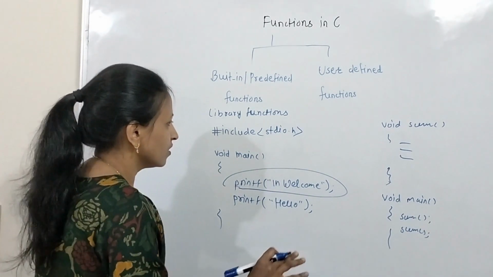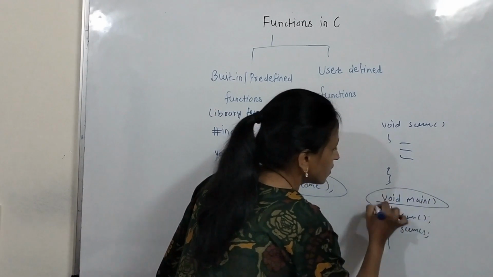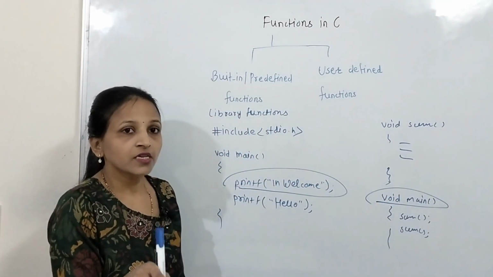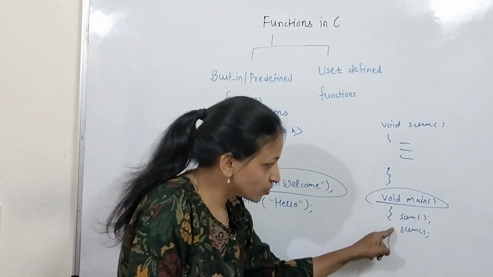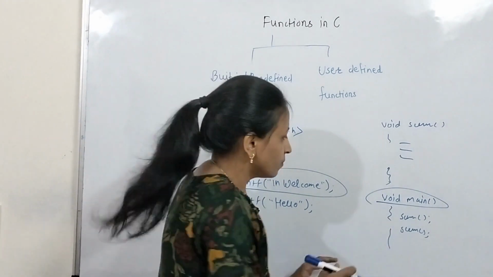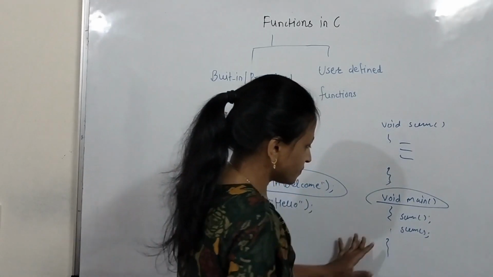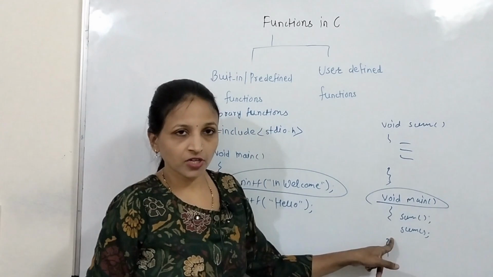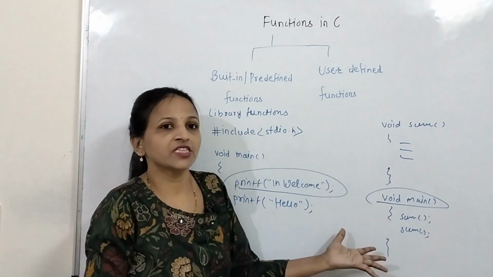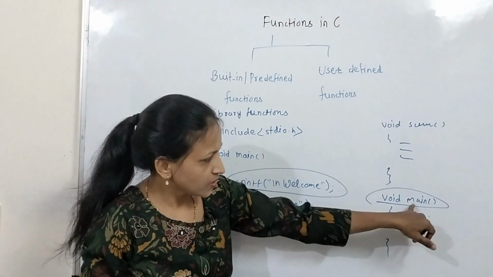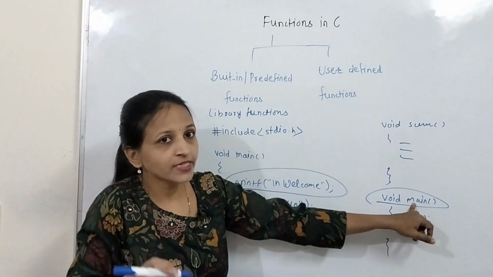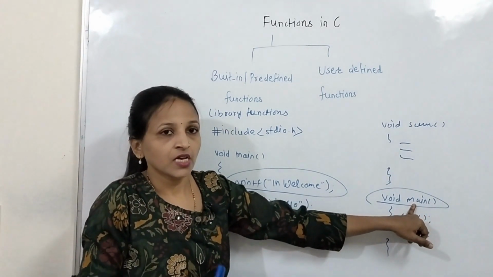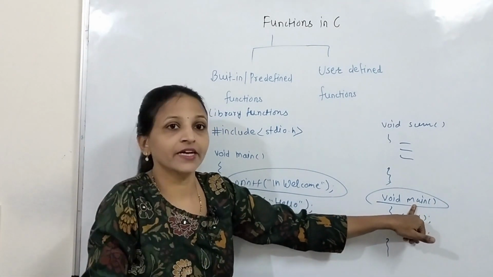We are just writing code in main, but see, this main is a function which is declared by the language itself. This main is actually a keyword, and this is already defined in the language itself. This function is pre-declared.